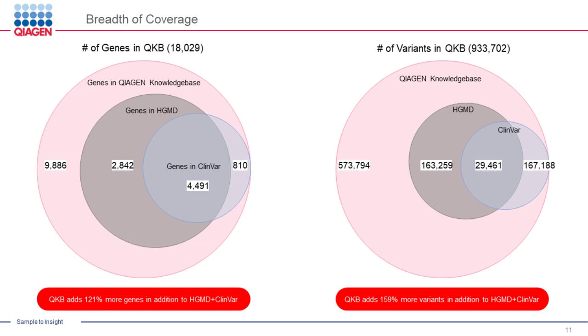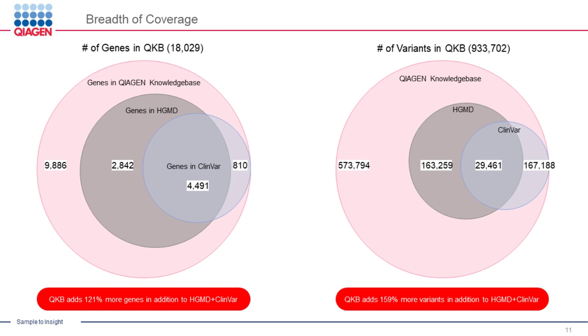So we've talked a lot conceptually about our content, but let's look at the breadth of coverage in terms of numbers. Our knowledge base not only contains two of the most widely used databases of clinically relevant variants, as you can see HGMD in the gray circle and genes in ClinVar in the periwinkle circle, but you can appreciate how much value is added from our unique curated content from the literature.